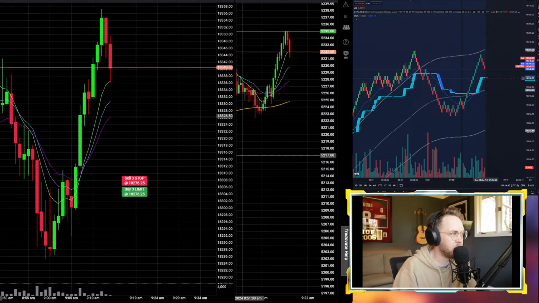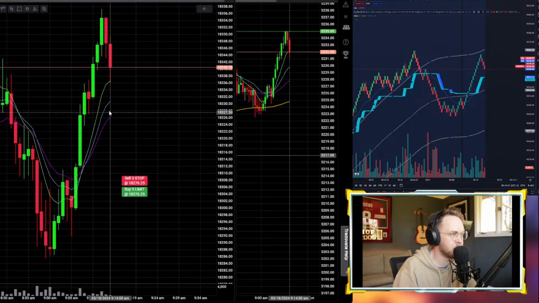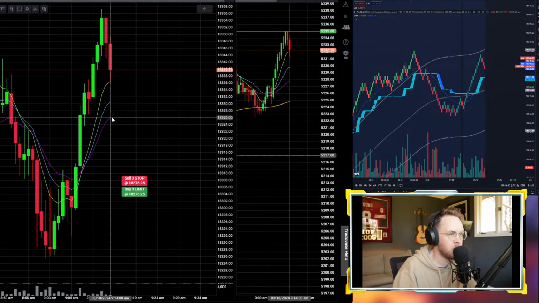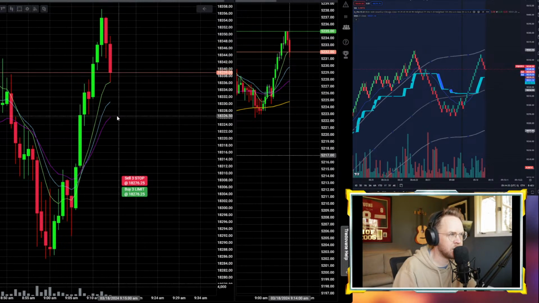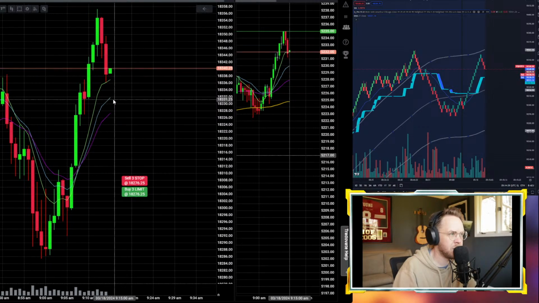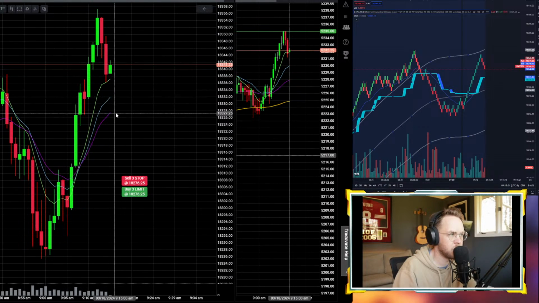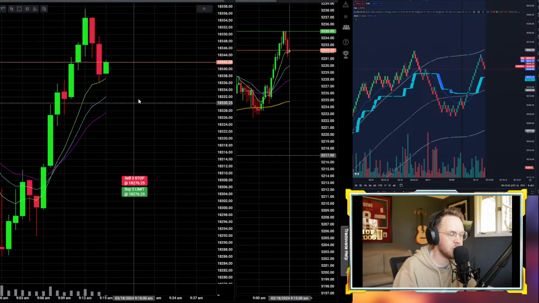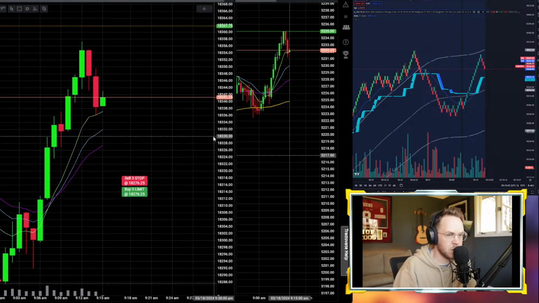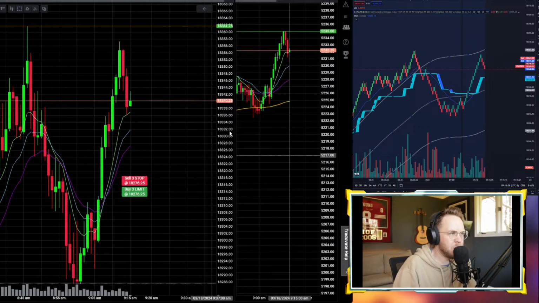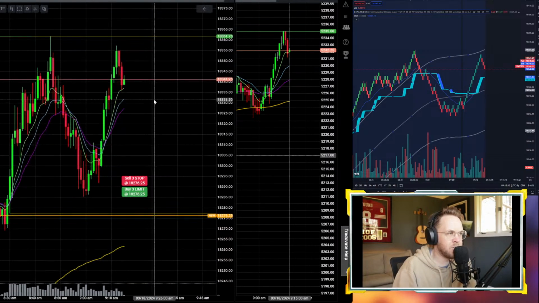And 18,331 is going to line up pretty closely with the 21 EMA as well. It's going to be a little above it. The 14 EMA right here at 31 and the 21 EMA down here at 27. So maybe looking for an opening range breakout off of that level today.